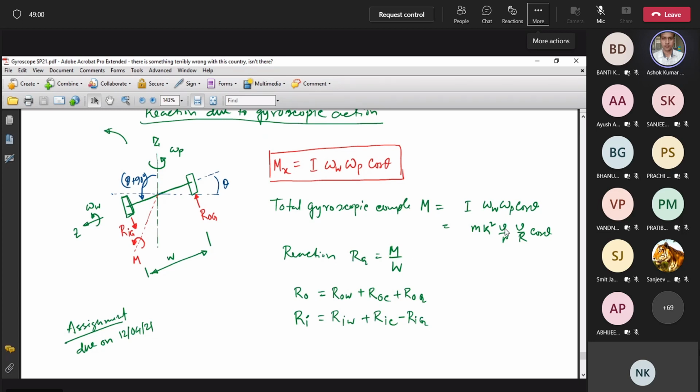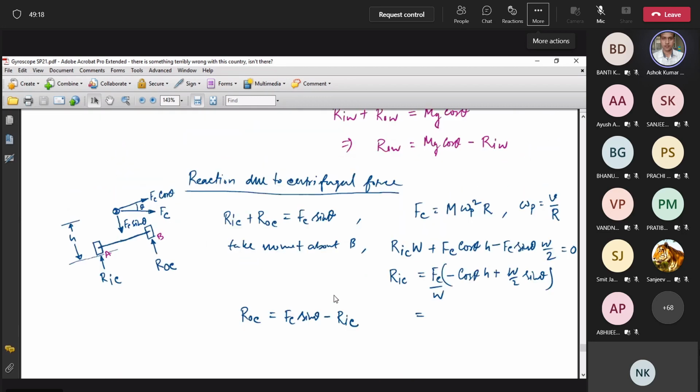The value of M is now known to us if you substitute the values. So now you can find out Rho, which is the total reaction in the outer wheels.